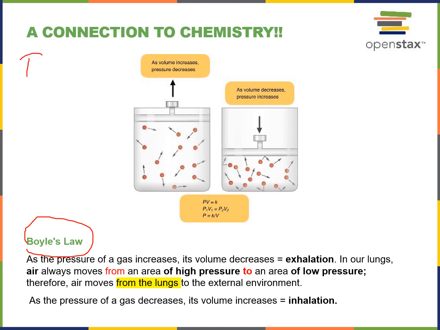The pressure of a gas, the volume of the gas, something called the number of moles of the gas, and the temperature of the gas. We're not going to worry about the other 2. We're only going to look at pressure and volume because that's what Boyle's law is about. There are other gas laws which you might have learned in chemistry, Charles's law, Dalton's law of partial pressure, and so forth.